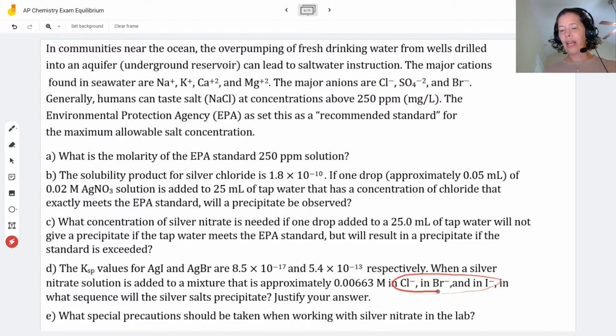Here are all the anions, and you want to know which one is going to precipitate first, which one second, and which one third. And then finally, our last question is what special precautions should be taken when working with silver nitrate in the lab? So at least we end with a little bit of an easier question and not quite so much math.